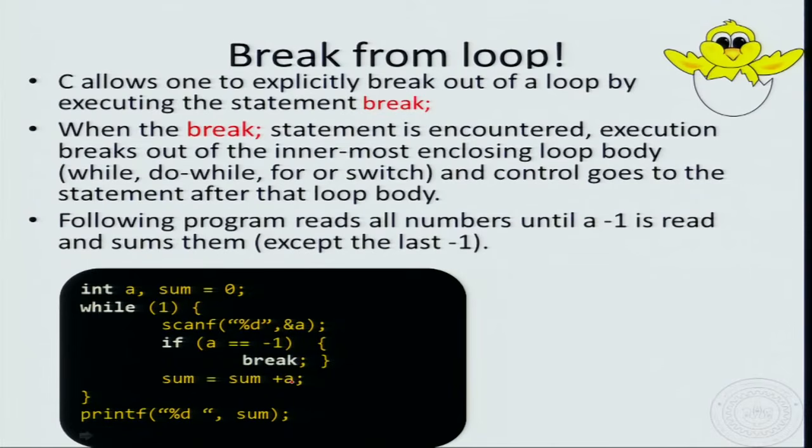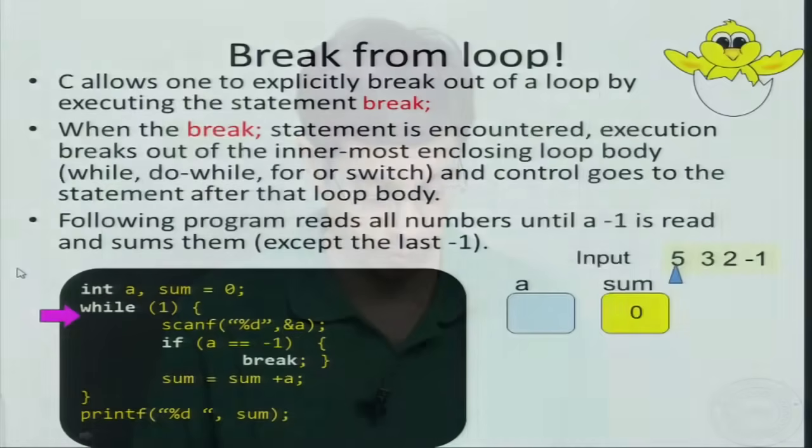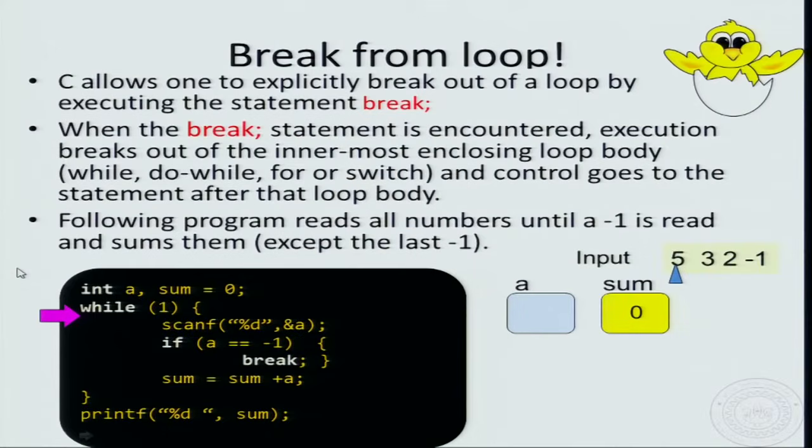So, you add the number. Again you go back to the loop, the test condition is always true. So, you enter and read the next number. The net effect of the loop is that whenever you see a -1, it immediately exits out of the loop, otherwise it adds that number to the sum. So, let us look at it using a sample input.